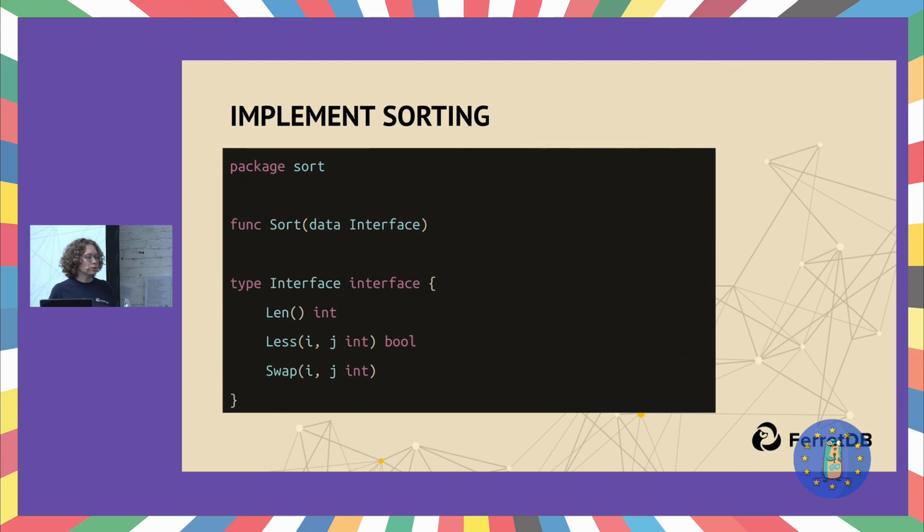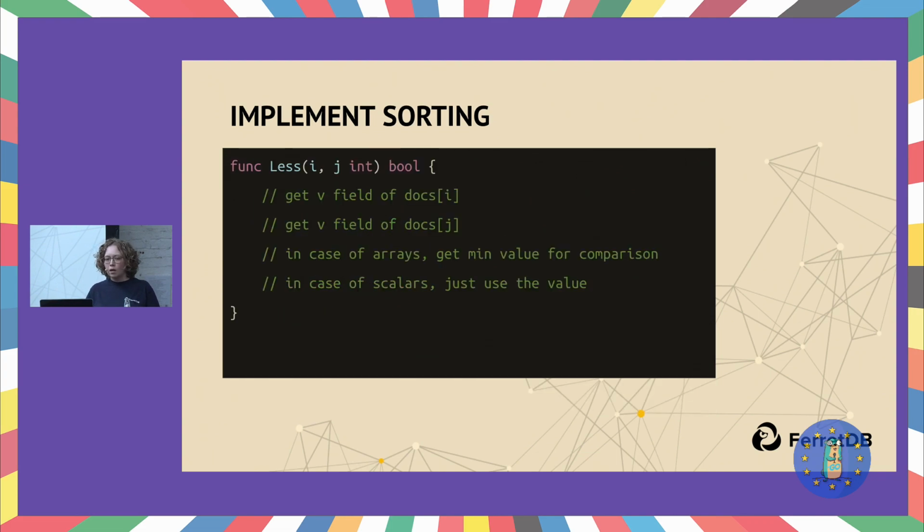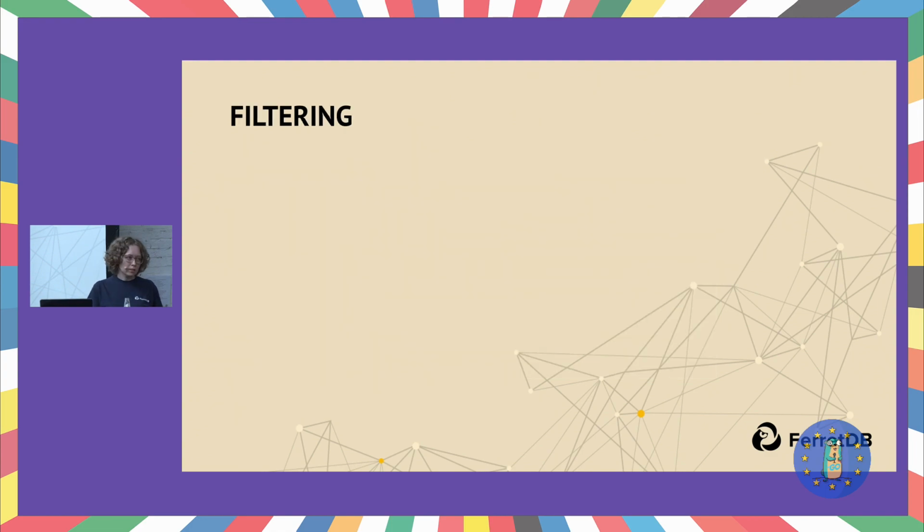And we already know the rules, how to understand which document is less in case of arrays. So let's implement the function less. Again, we simplified everything. We have only one field V in our documents, and we want to work with it. So we just get the minimal value from both documents. Or in case we have scalars, we don't need the minimal value. We just take the scalar and compare with it. Okay, that way we have the function less.